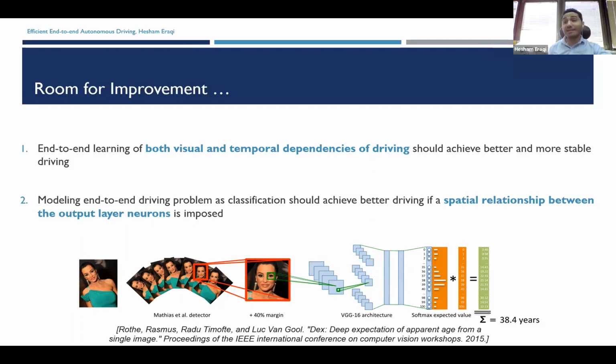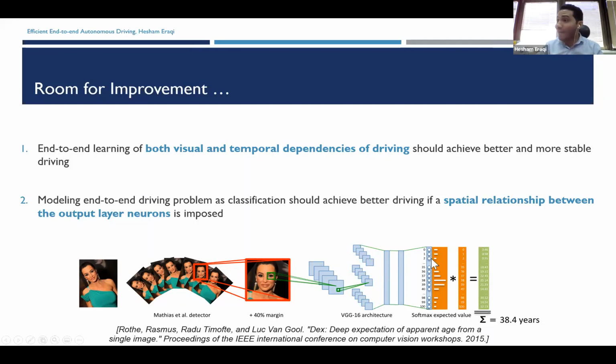The second thing is that the problem by default is a regression problem. That's okay. But in other application domains, like this paper here, in which the authors try to detect the apparent age from images, which is also a regression problem, when they pose it as a classification problem, the end-to-end neural network performs even better, just by transforming the regression problem into a classification problem.